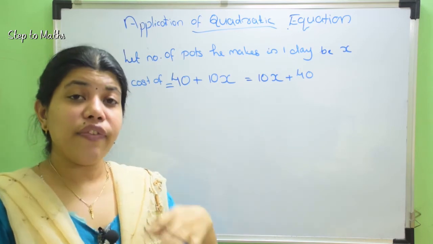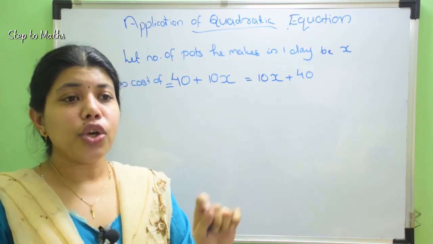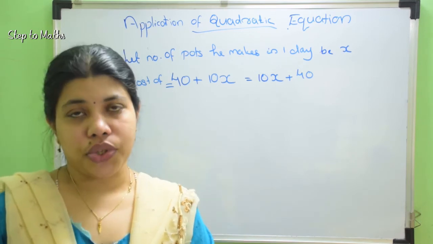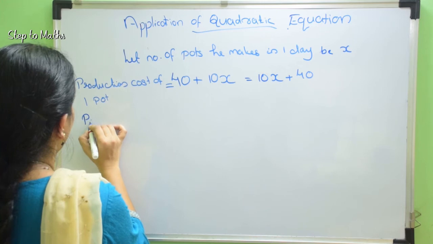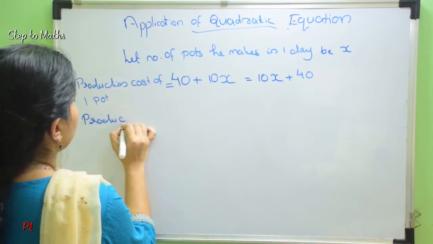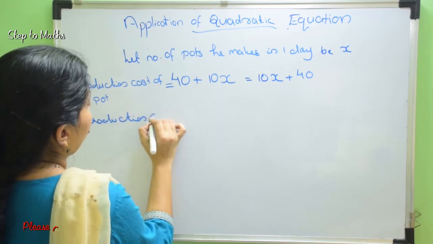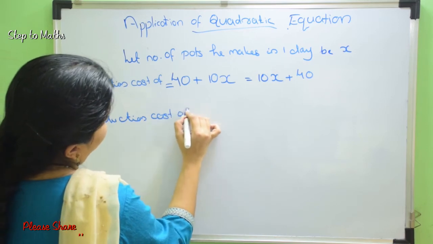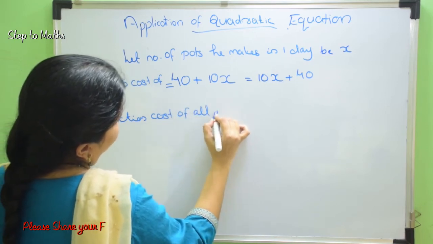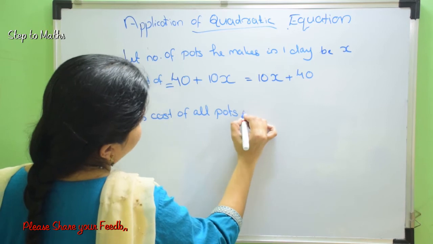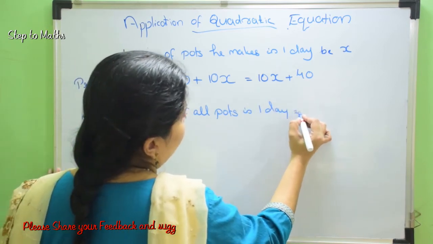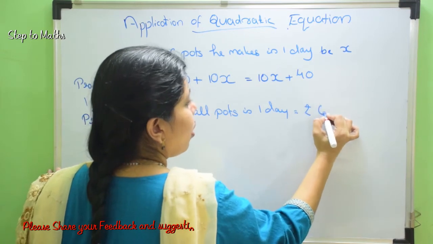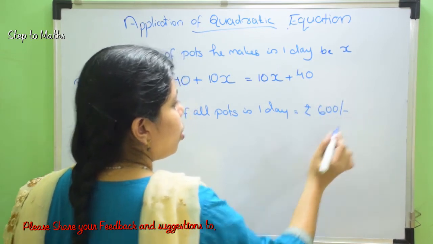The another given value is production cost of all pots. Production cost of all pots he makes in one day equal to rupees 600.